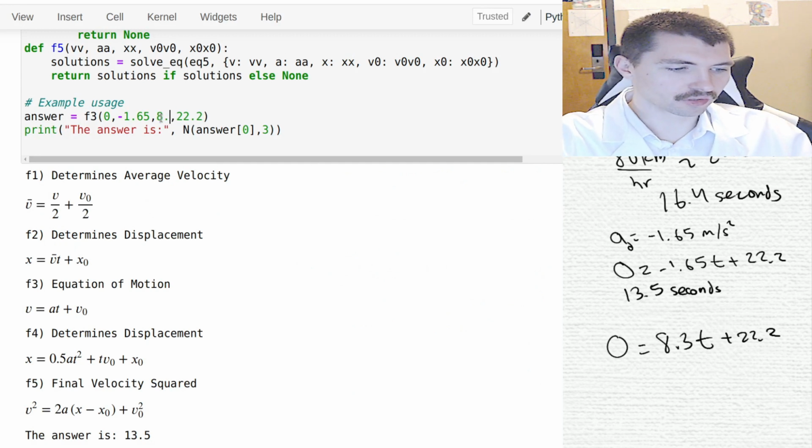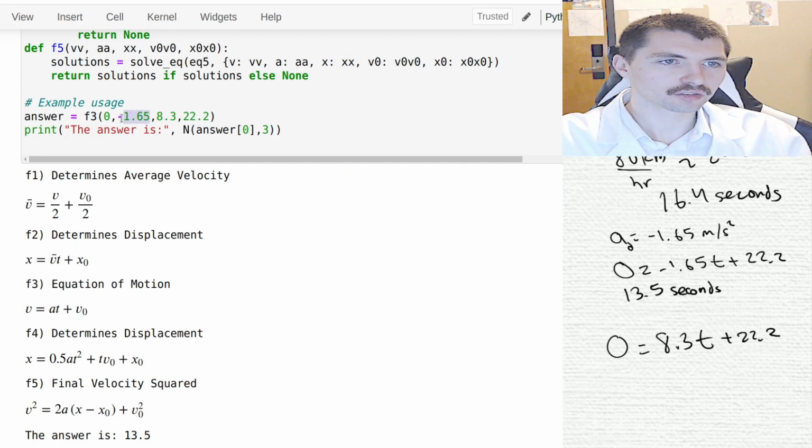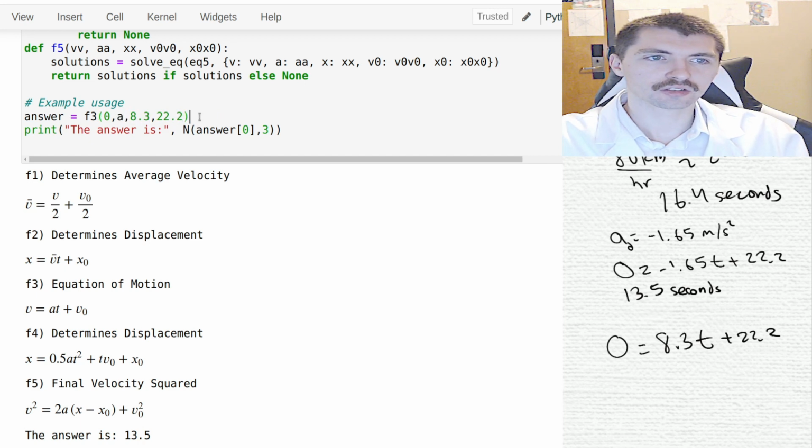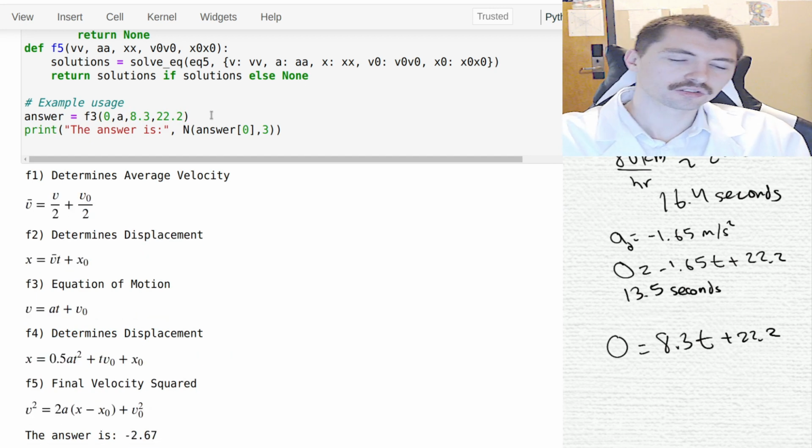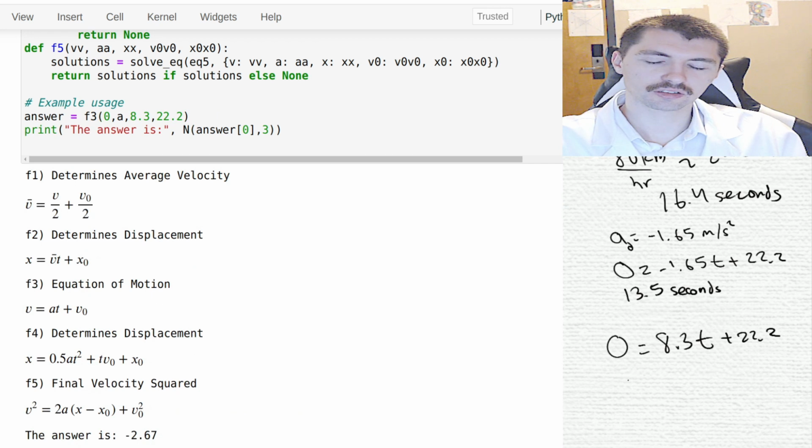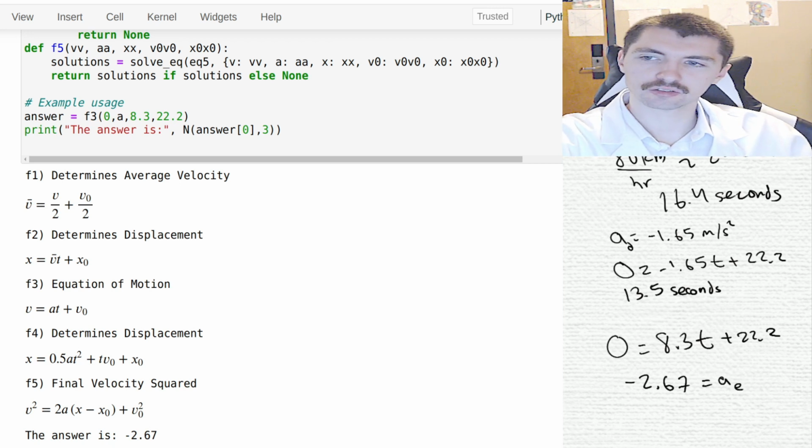So now we're at 8.3, solving for A. So it's going to be the emergency.